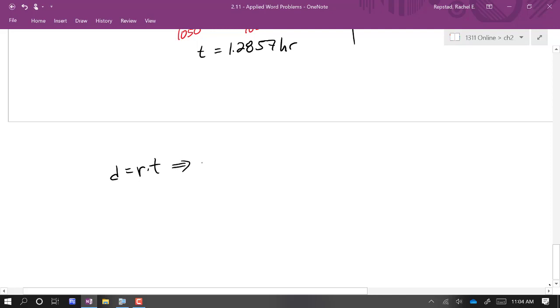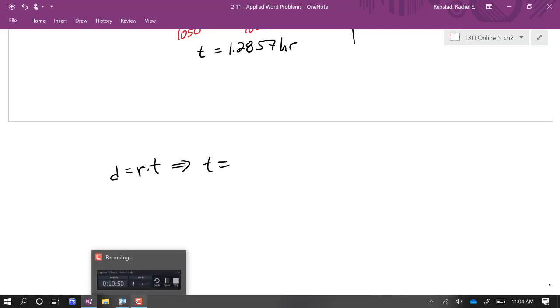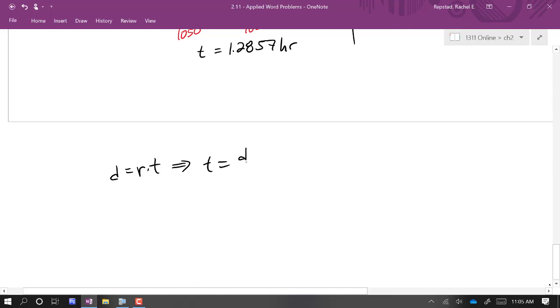if I solve this for time, we get time equals distance over rate. And now the time to go from A to B plus the time to go from B to A has to be a total of 3 hours. And then just use this version of the formula.